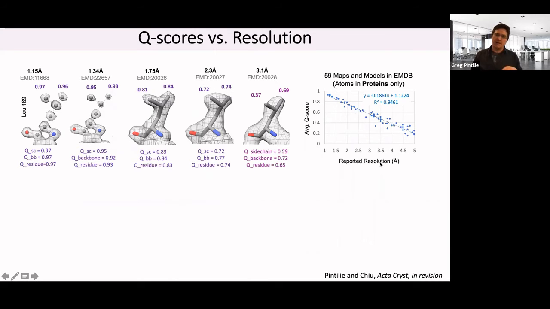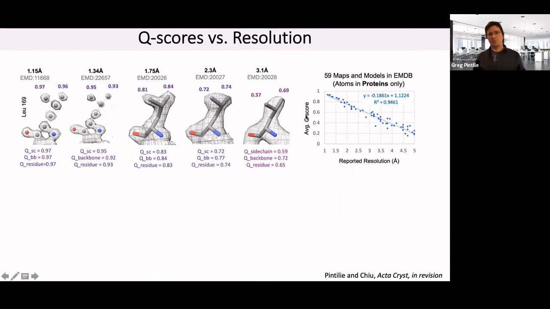This is the way of measuring resolution I talked about at the beginning, where we look at two independent reconstructions. That reported resolution is usually a pretty good indicator of the level of detail that you would see in the map. And we can see that the average Q-scores, on average, correlate very well to that resolution.